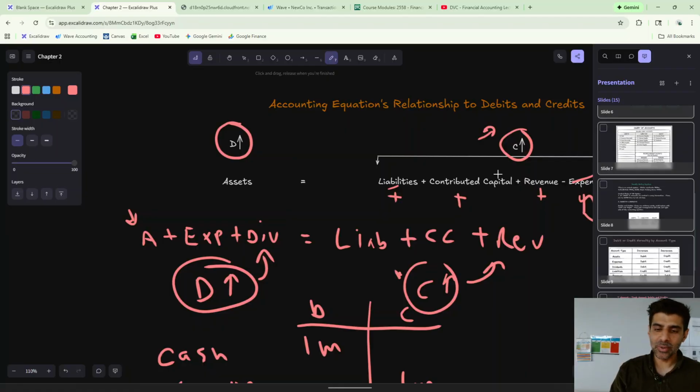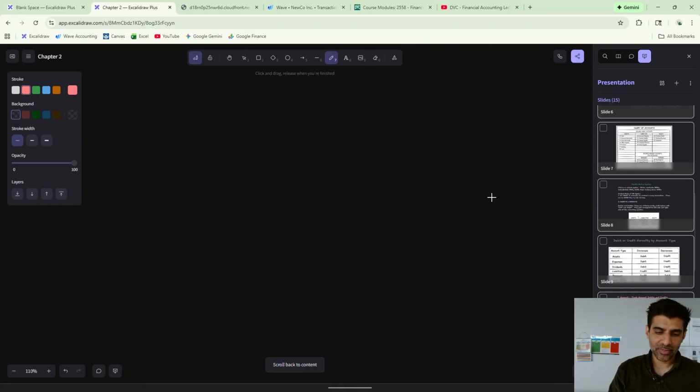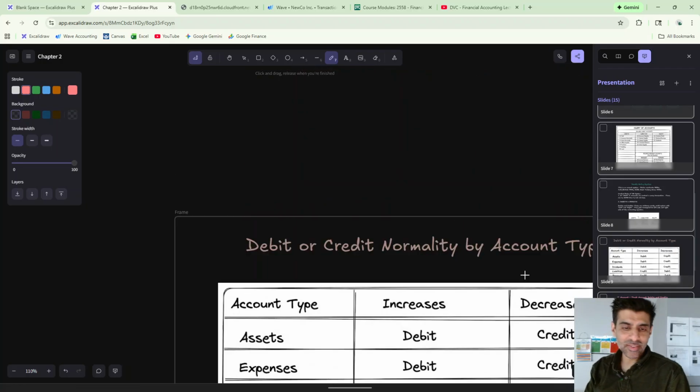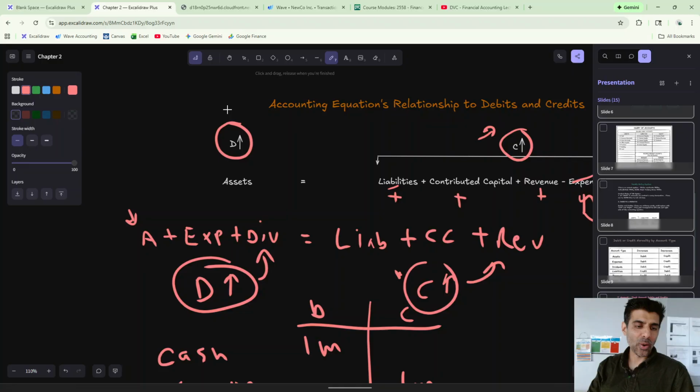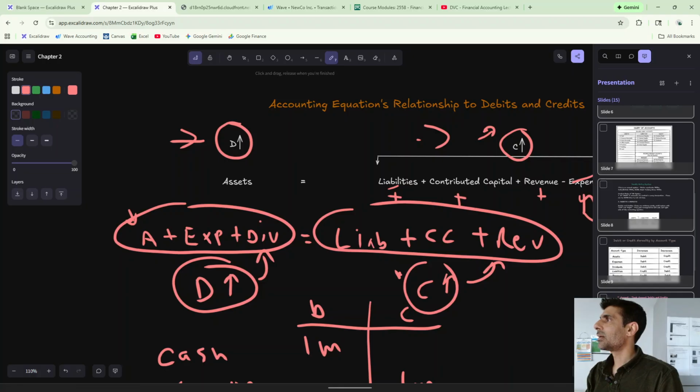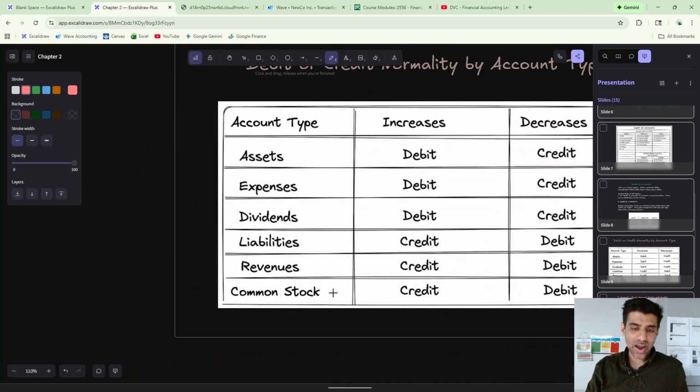Liabilities, contributed capital, revenue, they all are credited when they increase. Liabilities, revenue, common stock, credit, credit, credit, debit, debit, debit. So that's where this is coming from. So the table is there. If you memorize it, fine, but it's really just left and right. It's organizing this on the left side, debit normal, on the right side, credit normal, as we call it, and it puts these three here together and these three here together. So you're going to get a lot of practice at this, don't worry.